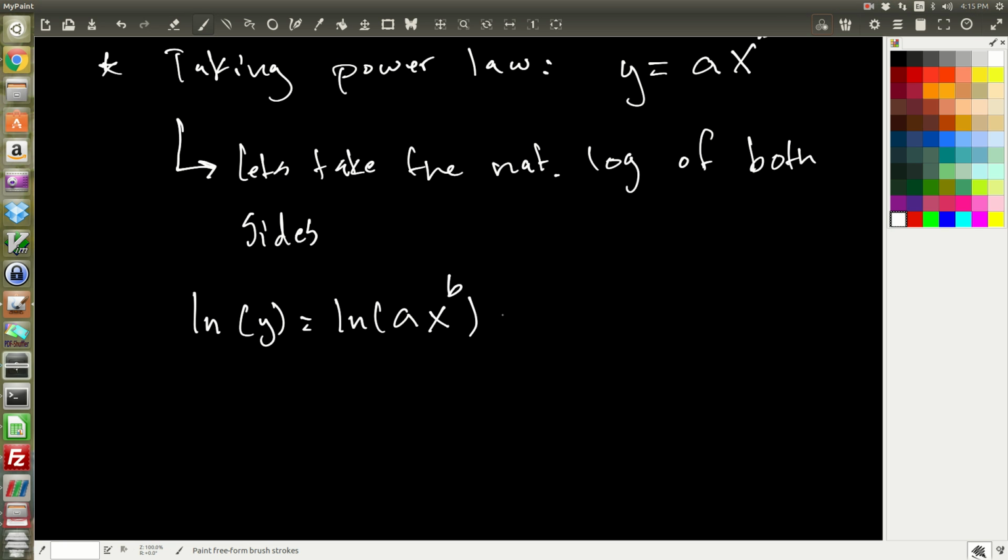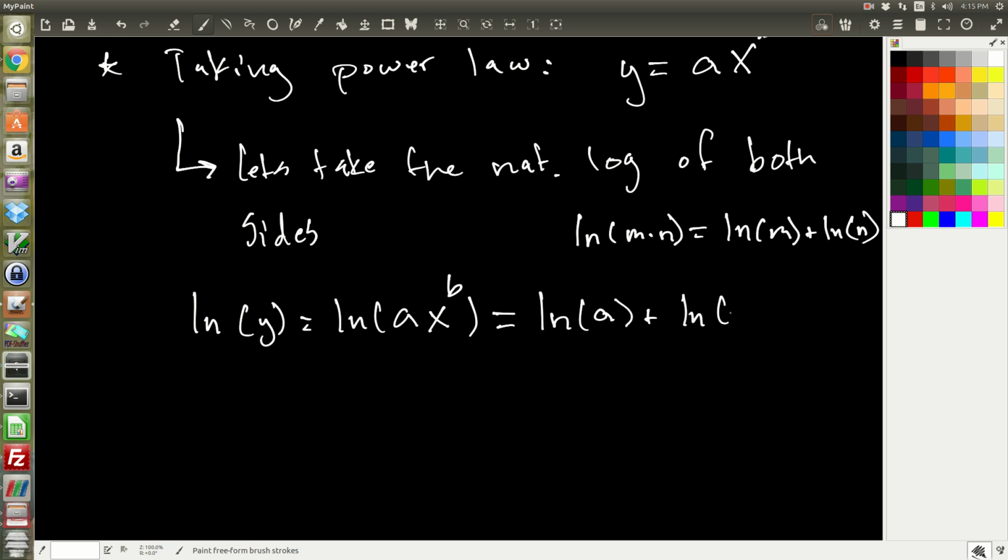Now, using properties of logarithms, we know that the natural log of the product of two things, so if I have m times n, is just equal to the natural log of m plus the natural log of n. So we can apply that here and break this up and say this is equal to the natural log of a plus the natural log of x raised to the b.